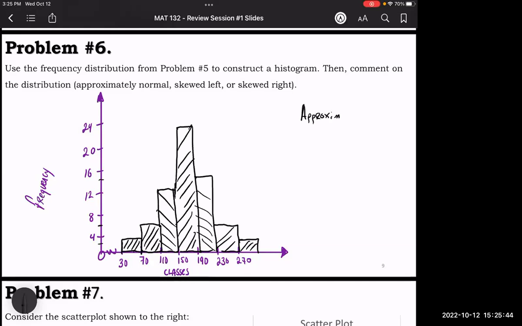What does it look like? It looks like a bell. That's right. Approximately normal has this bell shape. I'm not going to draw the bell shape directly on top of my histogram because I want to keep it as pretty as it is right now. But here's what your bell shape should look like. It starts low, it hits a peak, and then it decreases again.